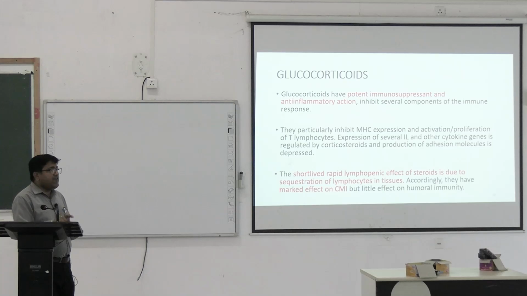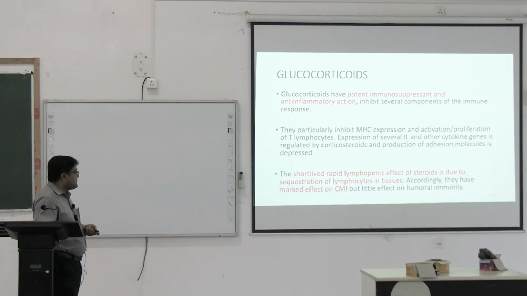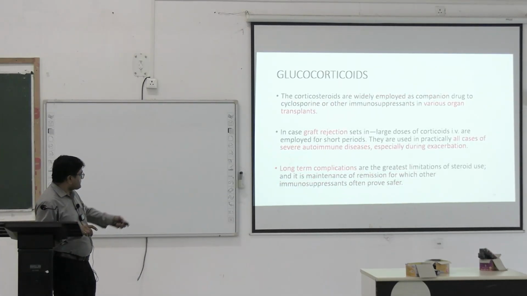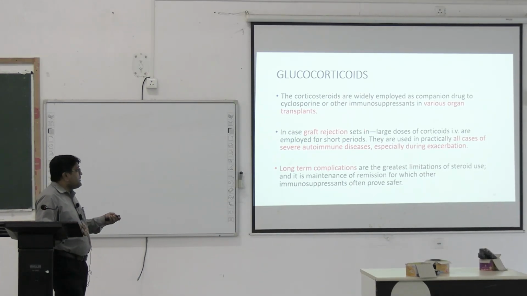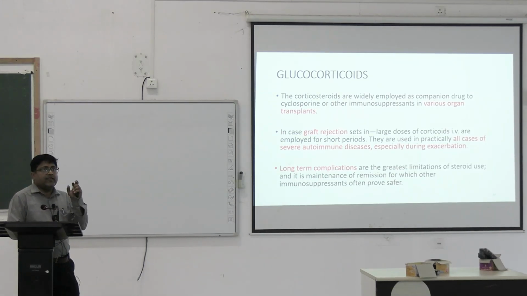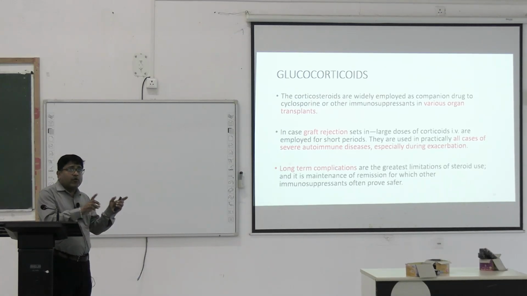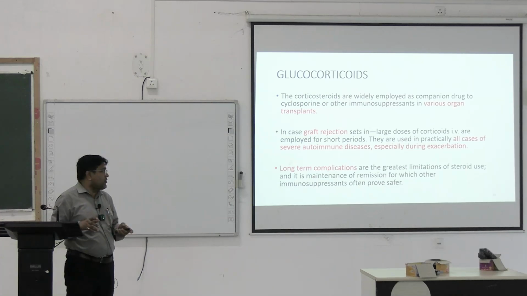There is a short-lived lymphopenic effect with the use of steroid, and they have got marked effect on the CMI, cell-mediated immunity. Now, they are used in various organ transplant, in the graft rejections. They are also used practically in all cases of severe autoimmune disease, especially during their exacerbation periods. Prolonged duration therapy is avoided because of long-term complications with steroid.